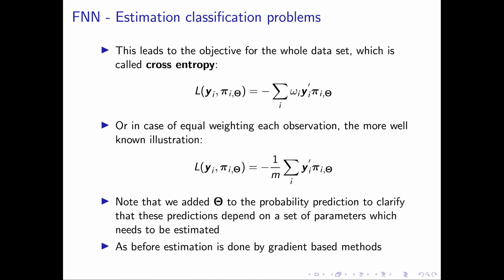Summing up, you only need to know that if we have a regression type problem, then the weighted sum of squared deviations between predictions and actual realizations is what you need to use as a loss function.